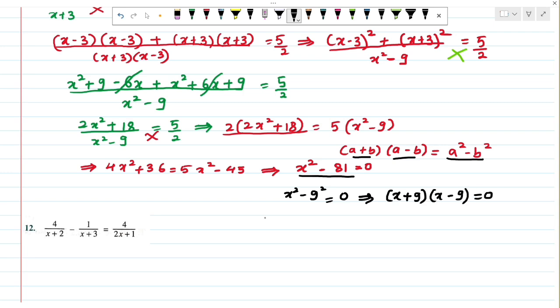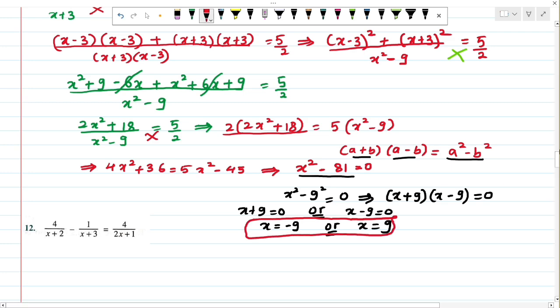Now I'll equate x plus 9 equal to 0 or x minus 9 equal to 0. I'll get x is equal to minus 9 or x is equal to plus 9. So this is the answer for the 11th problem: x is equal to plus 9 or x is equal to minus 9.